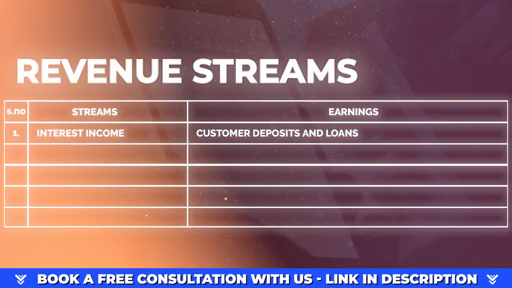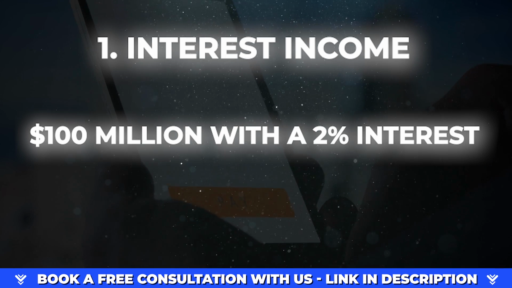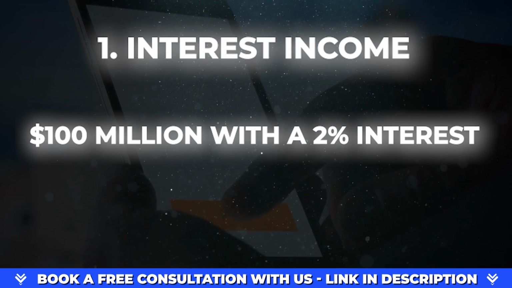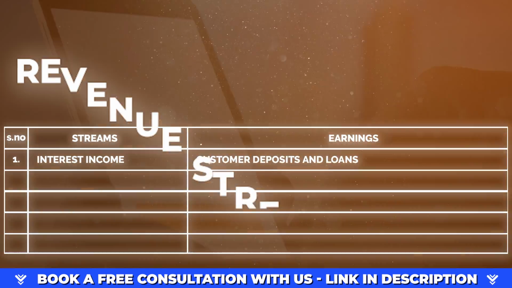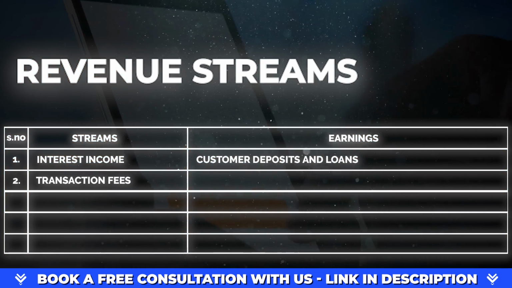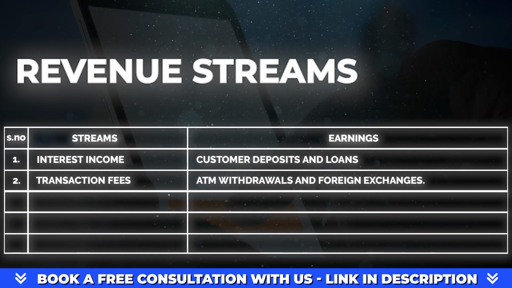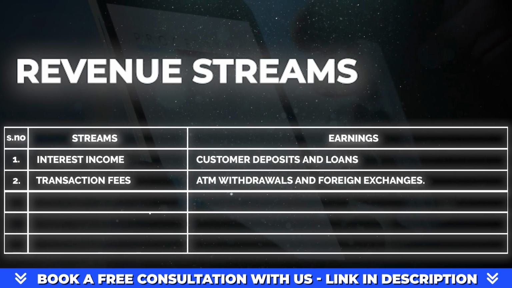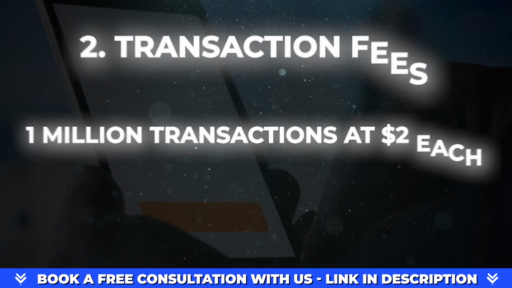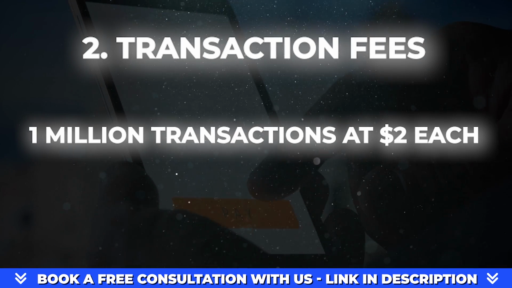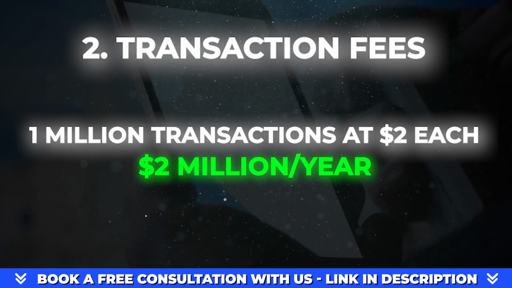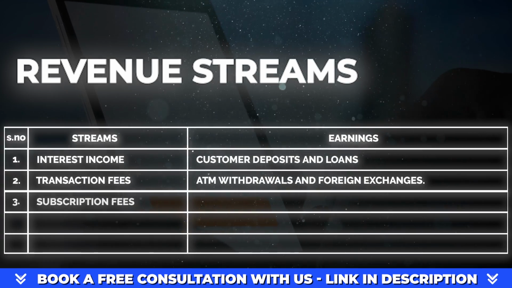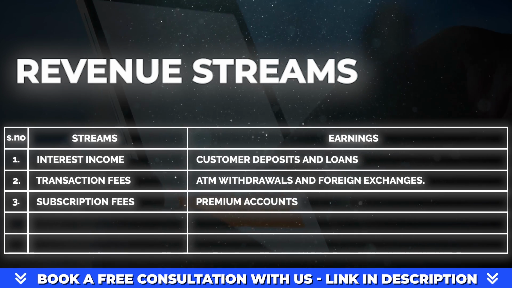For example, $100 million in deposits with a 2% interest spread could generate $2 million annually. Next is the transaction fees. Fees from services like ATM withdrawals and foreign exchanges. If a neobank processes 1 million transactions at $2 each, it could earn $2 million annually. Next is the subscription fees, charging for premium accounts.